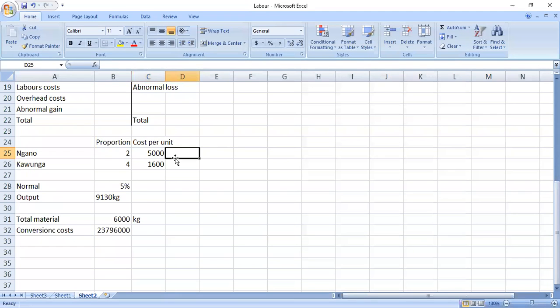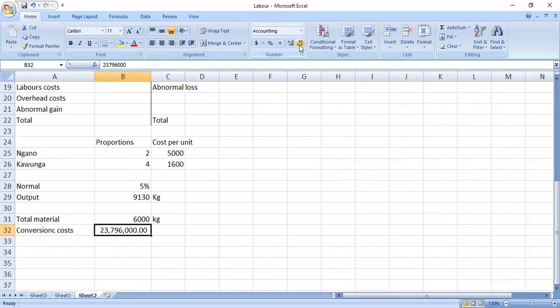This was the information, and you have a normal loss of 5%, then an output of 9,130 kgs. Let me just remove the kgs here and put it this side. Conversion costs were given as 23M. I put the brackets and the commas. So guys, that is the information.